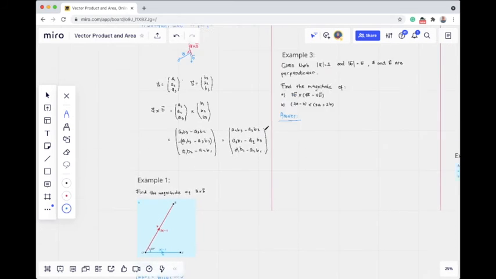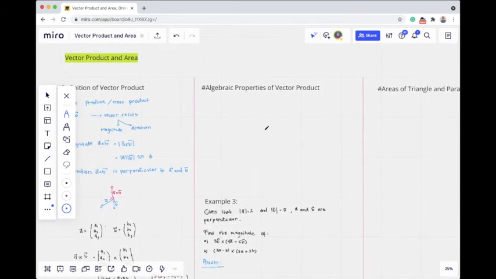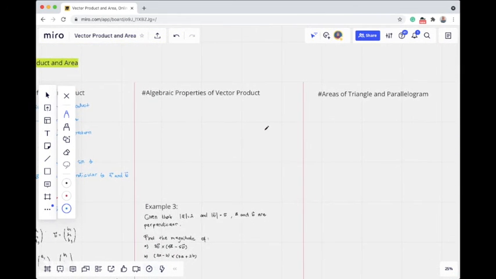Okay, and then go to the next topic, the algebraic properties of the vector product.